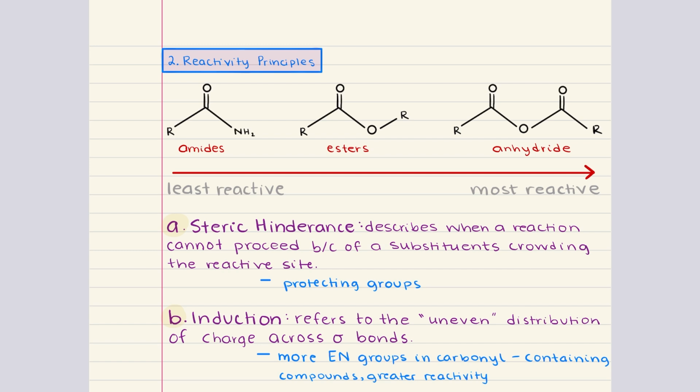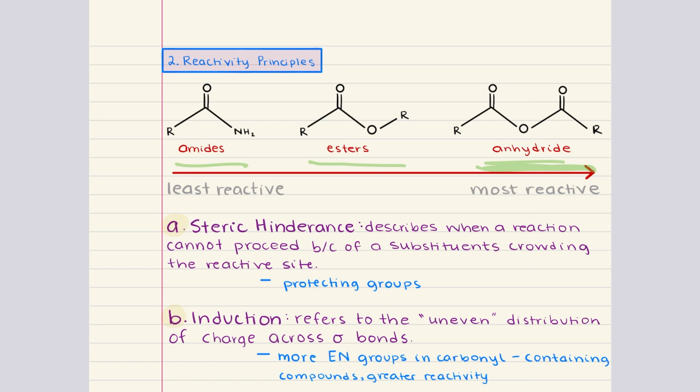First, let's discuss the general trend of reactivity among these three major classes. Amides are going to be the least reactive of the three. Then esters are slightly more reactive, and they're approximately tied with carboxylic acids. But anhydrides are the most reactive.